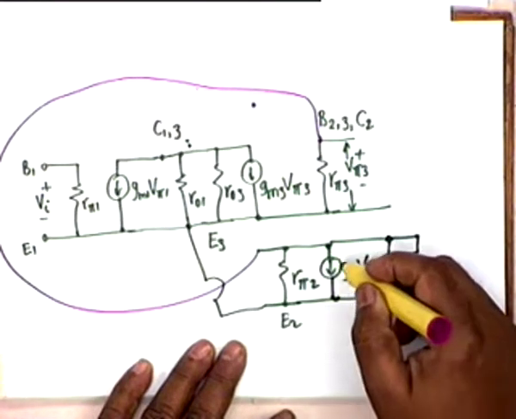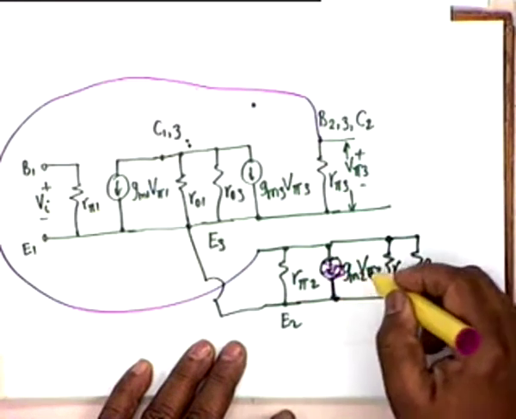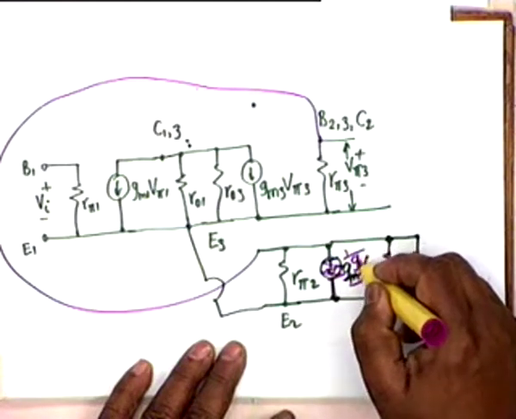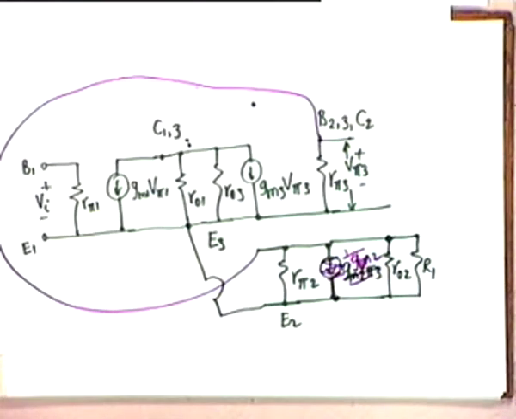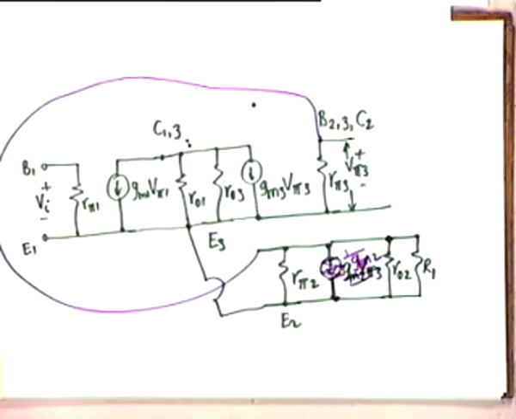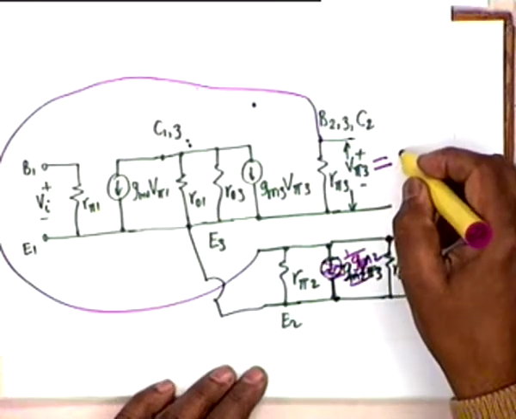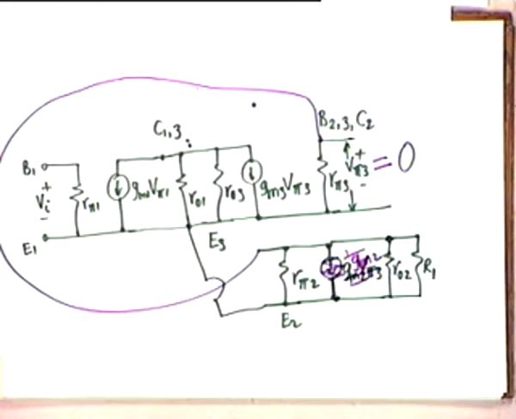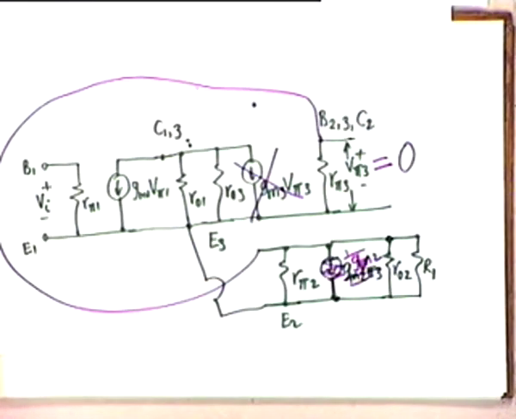V pi 3, and therefore this current generator is equivalent to a resistance 1 over GM2. What is the voltage V pi 3 then? 1, 2, 3, 4, 5 dumb resistors connected in parallel, no source. So V pi 3 is identically equal to 0, which means that this current generator also goes off.